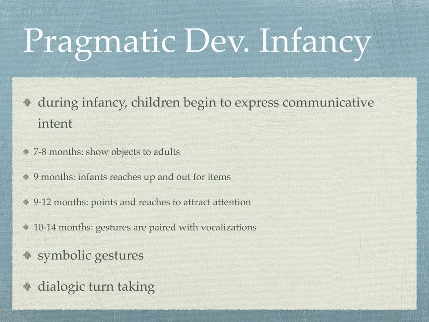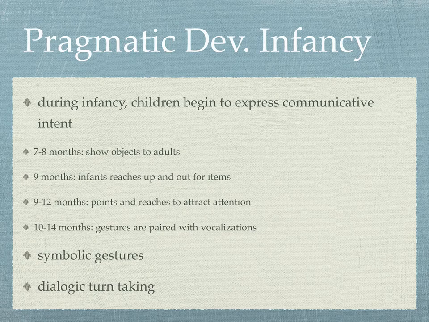Pragmatic development in infancy. During infancy, children begin to express communicative intent. Okay. So they want to also speak back with us, but they have not learned how to communicate in that way. So between 7 and 8 months old, a child will show objects to adults.